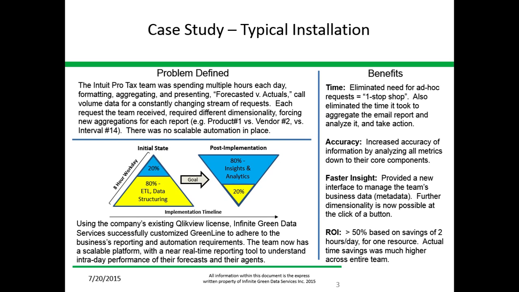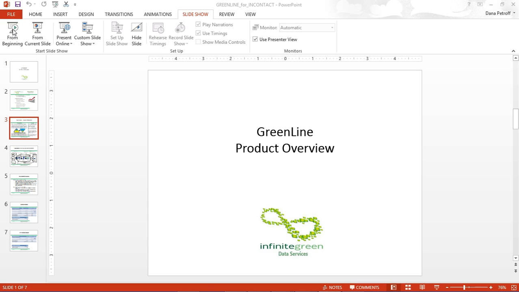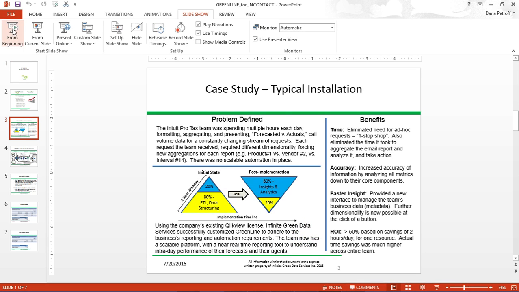The faster insight, again, going back to the time, the dimensionality here, I can't underscore enough how important that was to this exercise, to the study. And you'll see, I'm going to jump in now to the other piece where we show the demo. But you can see the level of dimensionality that was required here.